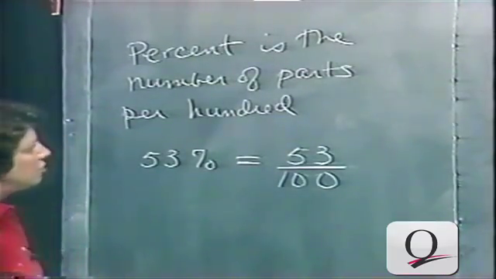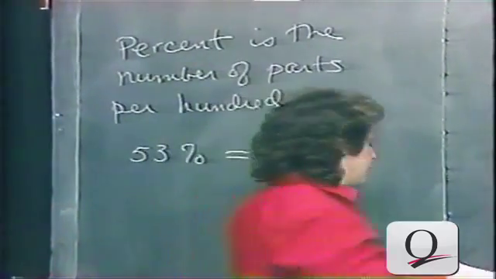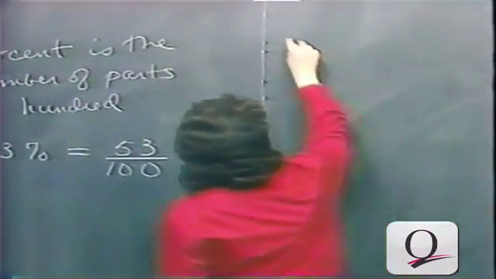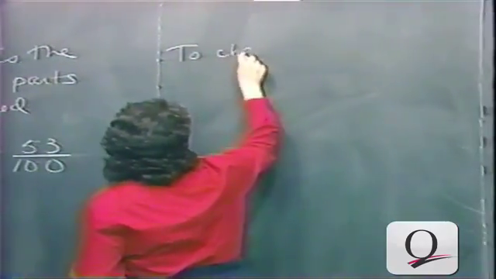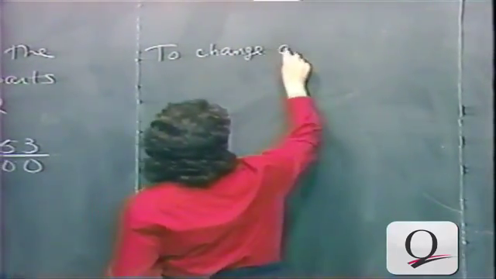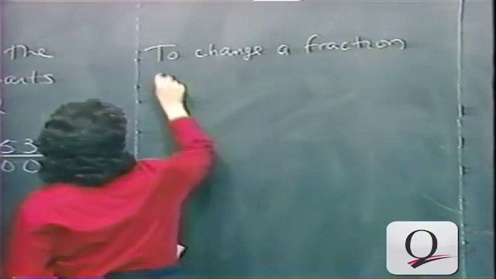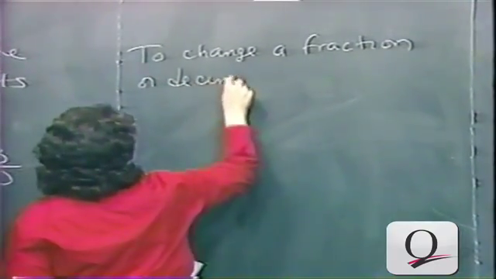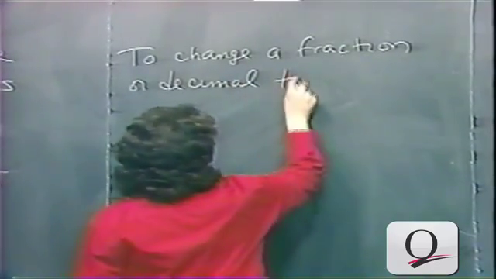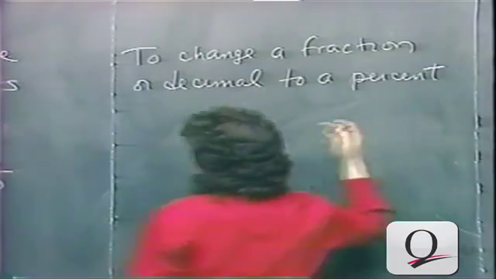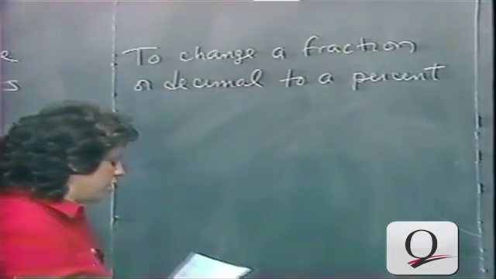We would like to develop a way of going from fractions and decimals to percents and back again. To change a fraction or decimal to a percent, we need to figure out the number of parts per hundred.